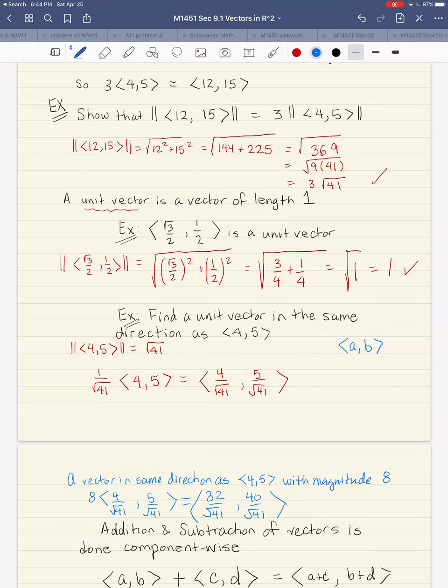So in general, a unit vector in the same direction as the vector AB, if I take it and divide by the magnitude, which I would write as 1 over the magnitude of V multiplied with V, that's a unit vector in the same direction as V.